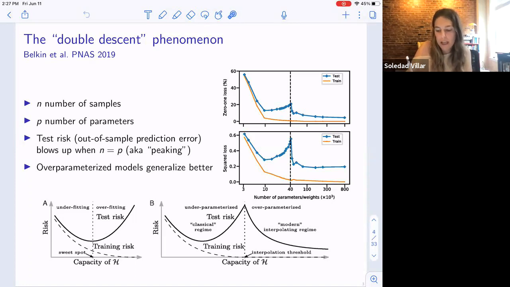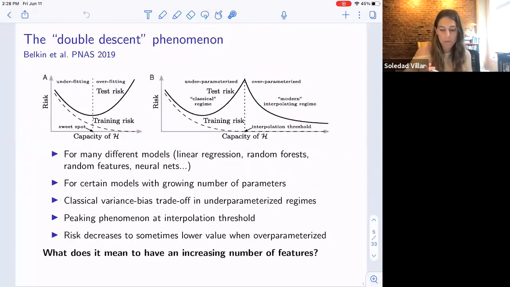And then at some point, you may even have that the best performance of your test error is even better in the overparameterized regime than in the classical underparameterized regime. And this is something that has been widely used to justify the use of very overparameterized models in deep learning, for instance.